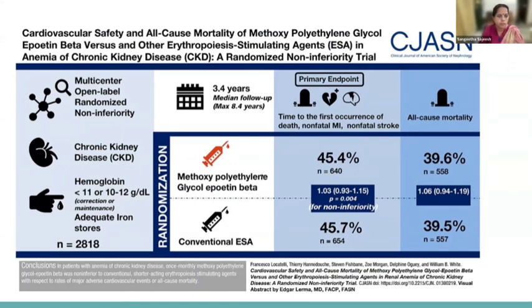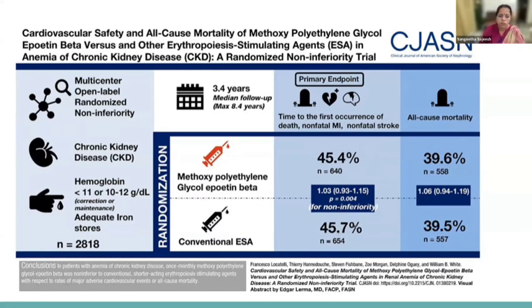This is a multi-center, open-label, randomized, non-inferiority trial done in CKD patients with adequate iron stores, with a median follow-up of 3.4 years. Patients were randomized into two groups, and the rates were almost similar for methoxypolyethylene glycol, 45.4% and 45.7%.